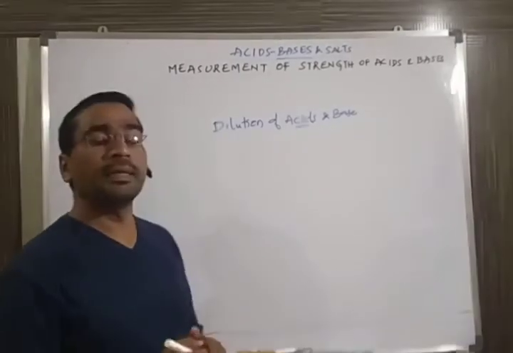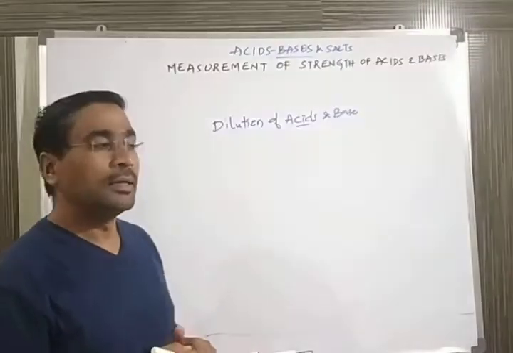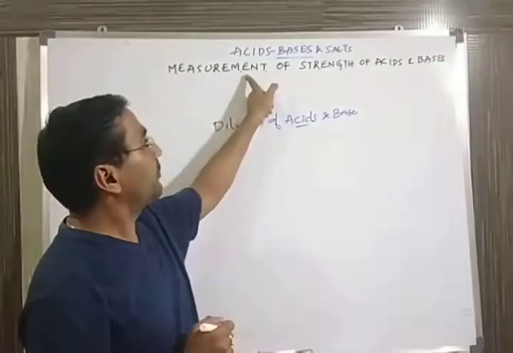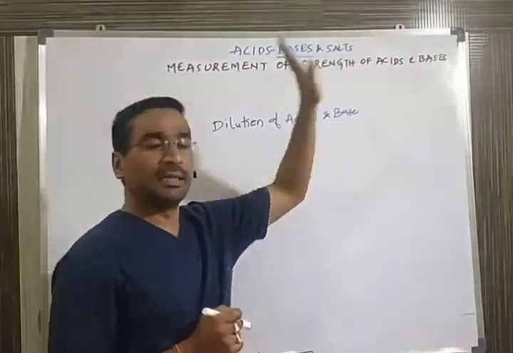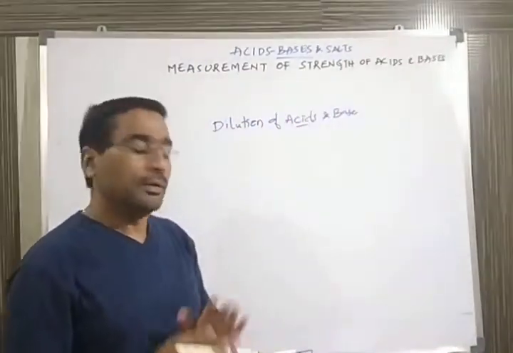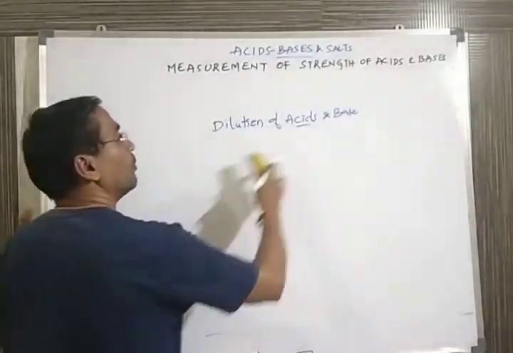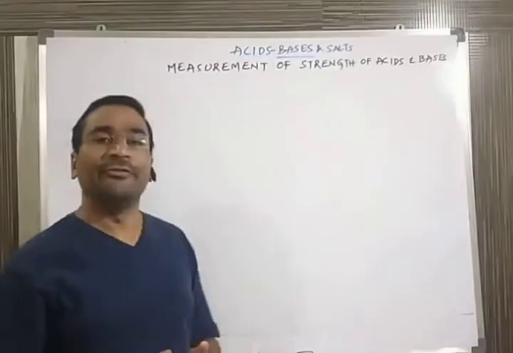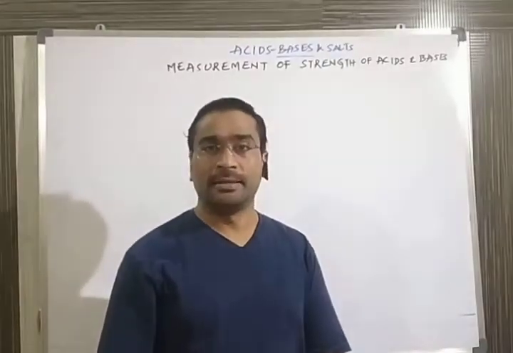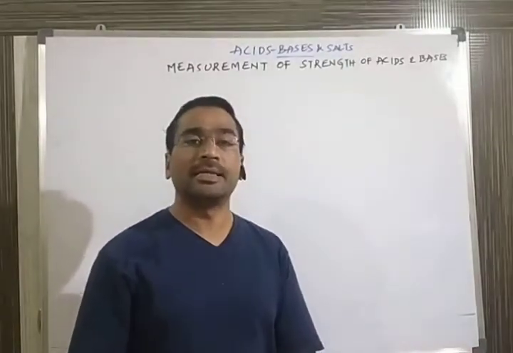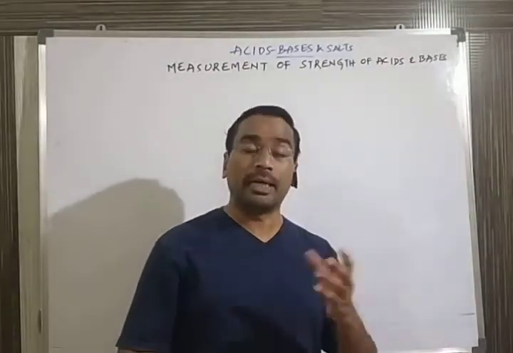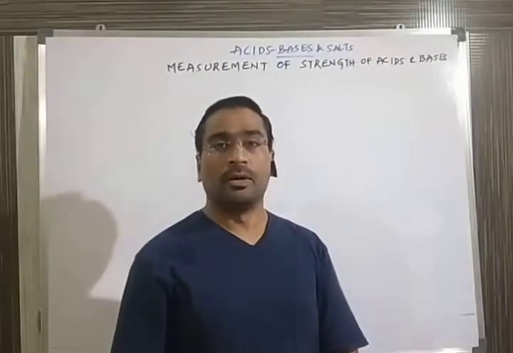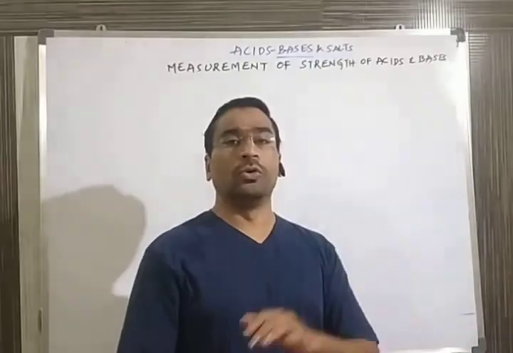The next topic in this chapter is measurement of strength of acids and bases. What does this topic include? In our daily life we come across many acids, like citric acid from lemon, tartaric acid from tamarind, oxalic acid from guava.